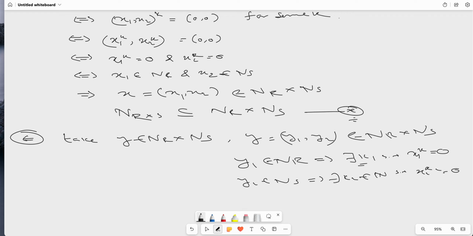This is actually (0, 0), because y1 to the power k1 is 0 and y2 to the power k2 is 0.